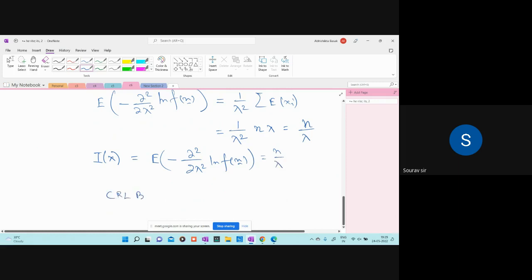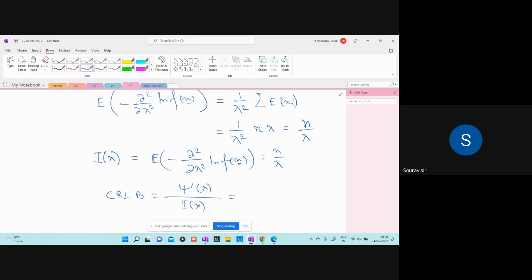Then my CRLB is nothing but psi prime lambda by I of lambda, and you just need to put the values in terms of theta, not in terms of lambda.